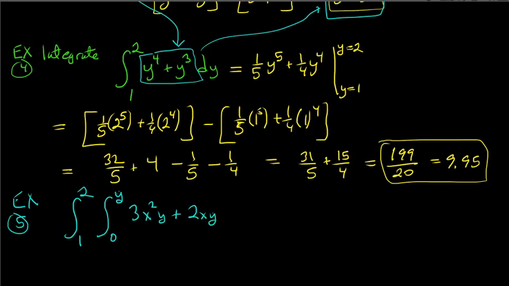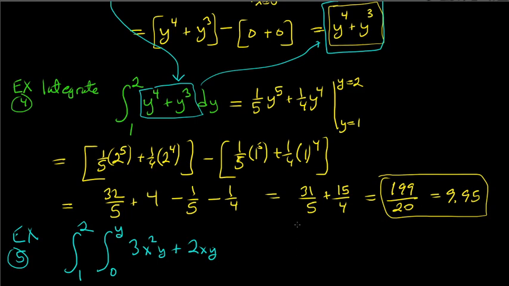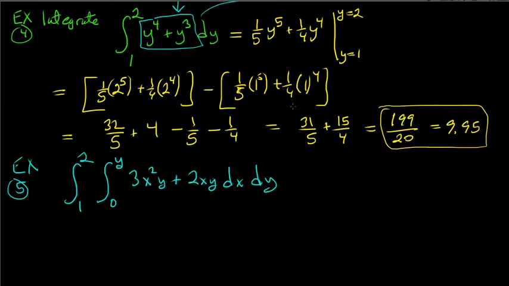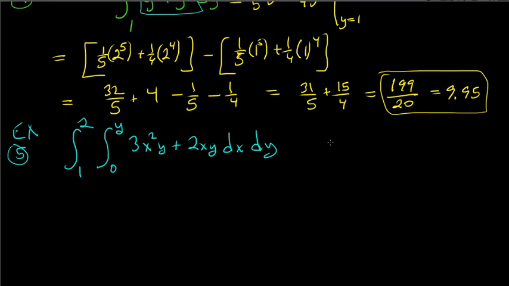And this first integral was with respect to x, right? And then this outside integral was with respect to y. Okay? So this is what's referred to as an iterated integral.